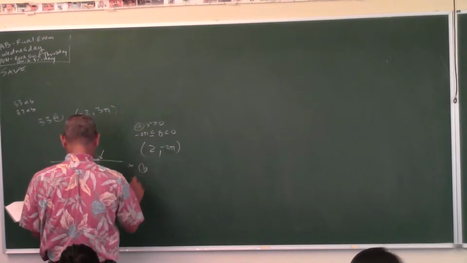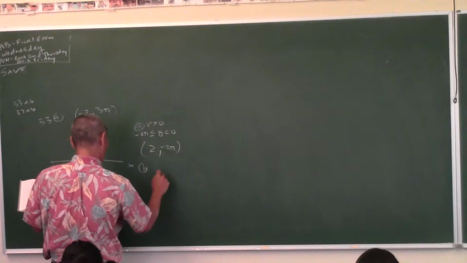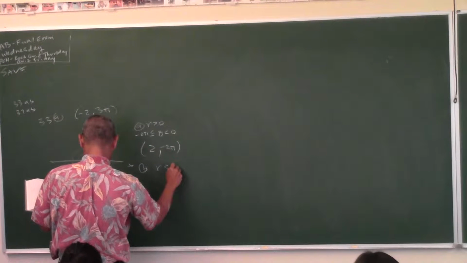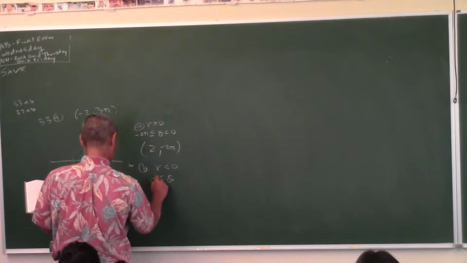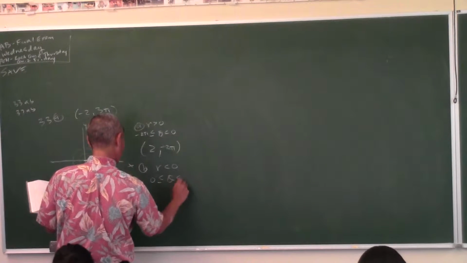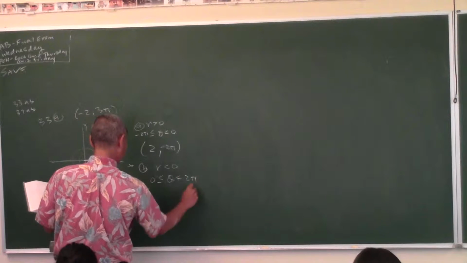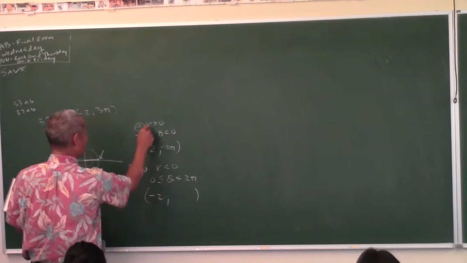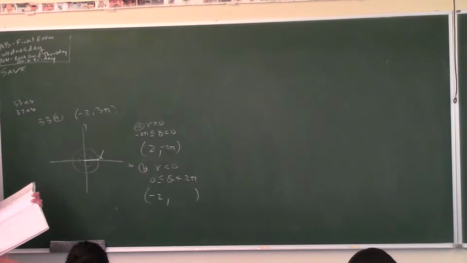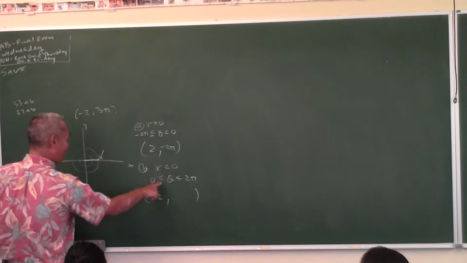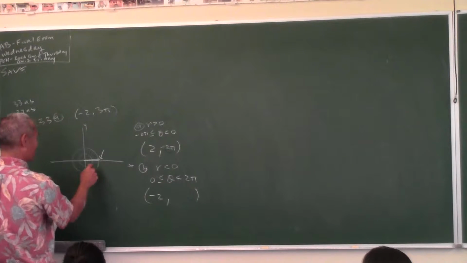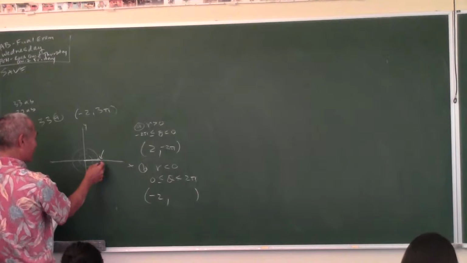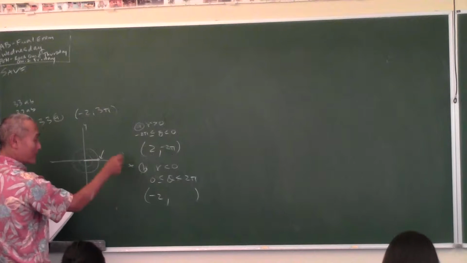And then on B, what does B say? R is negative, and theta is greater than or equal to 0, but less than 2 pi. So we want R to be negative, so obviously you gotta use the negative 2, right? But then we want the angle to be between 0 and 2 pi, so where do I want the angle to be, if I'm gonna go 2 in the opposite direction?